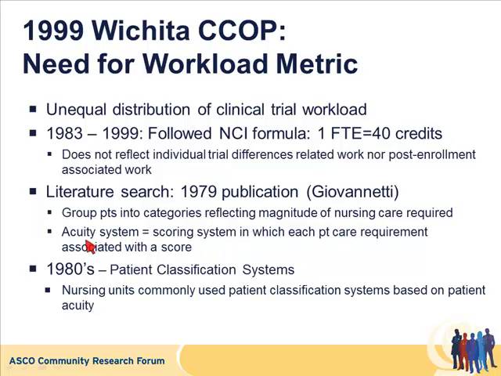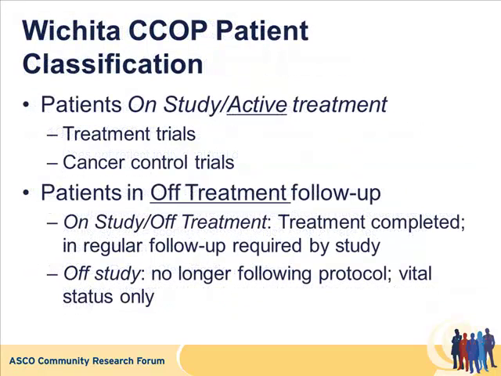And she first started using the term acuity system, which was a scoring system in which each patient care requirement was associated with a score. Then in the 1980s, the patient classification systems were implemented, and nursing units were commonly using patient classification system based on patient acuity, or the difficulty level of taking care of patients, based on how critically ill they were.